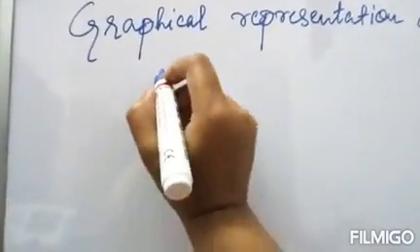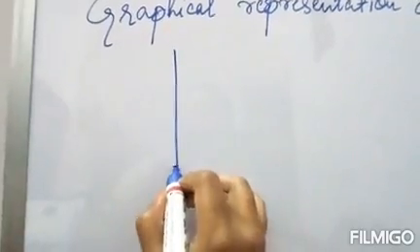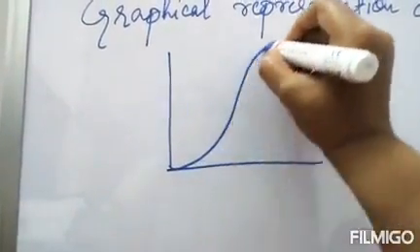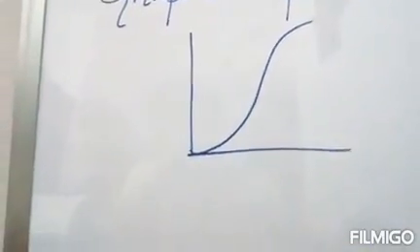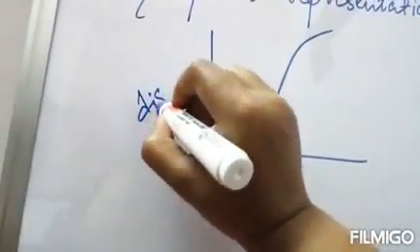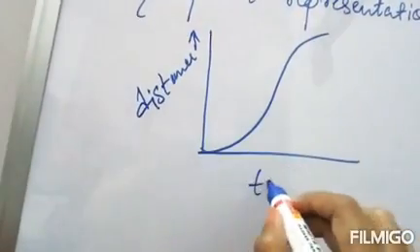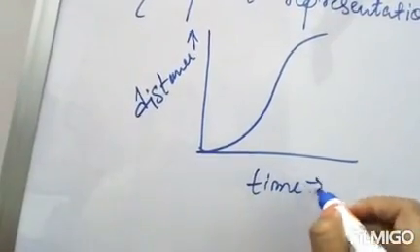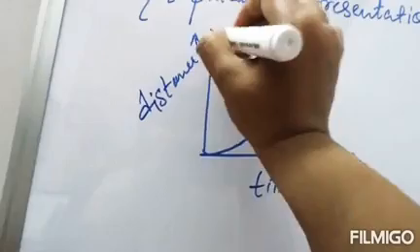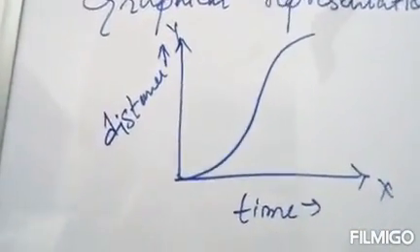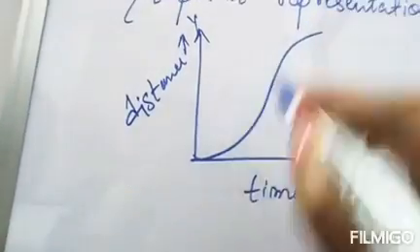Next we have graphical representation of non-uniform speed. In this graph, if we plot distance on this side and time here, we can see that there is no uniformity in the graph.